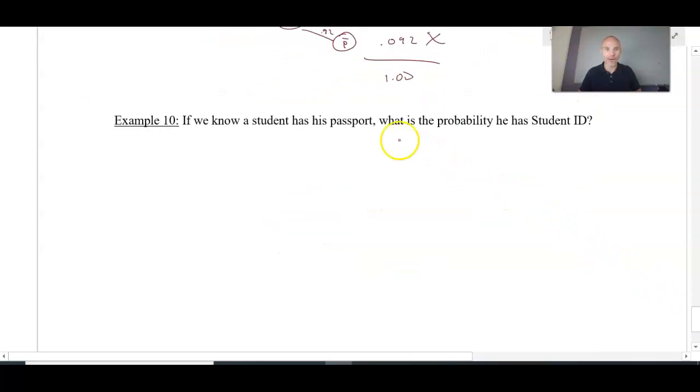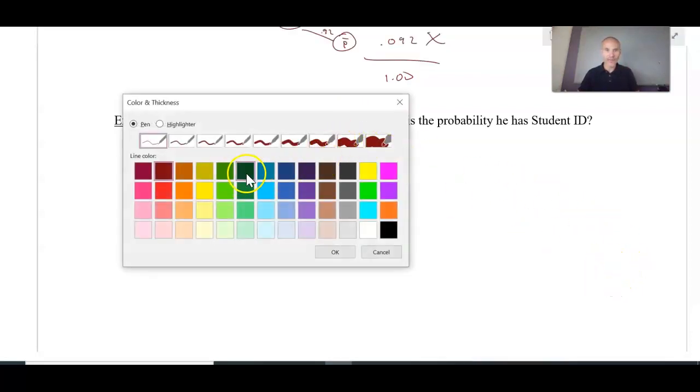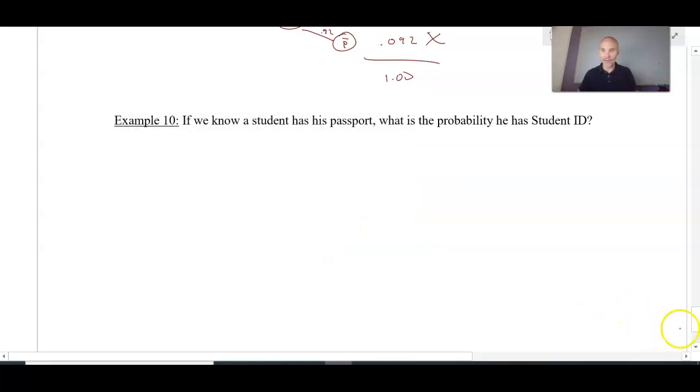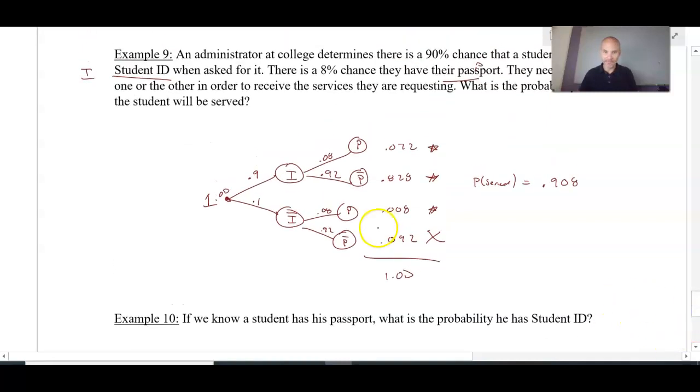One last example. If we know a student has his passport, what is the probability he has his student ID? Okay, if we know a student has his passport, that must tell me something about the group of people that I'm studying. If I know a student has their passport, that means they're either in this group or they are in this group.